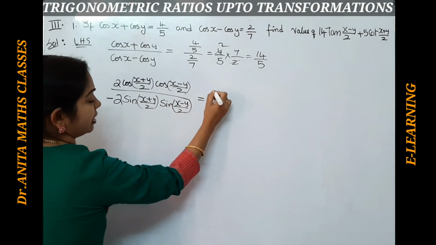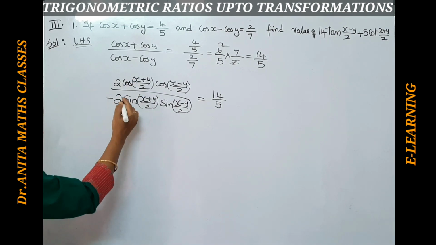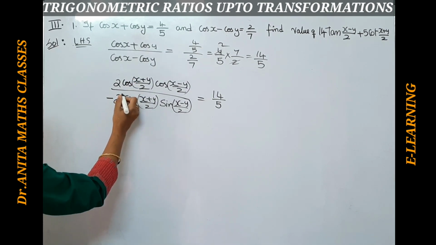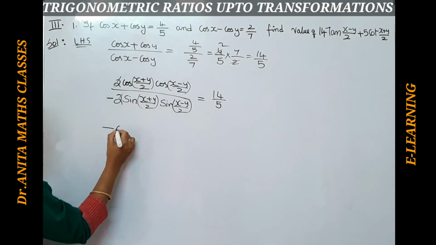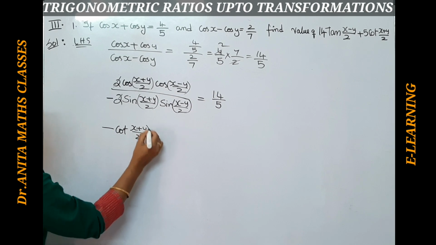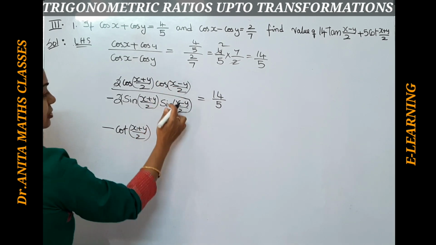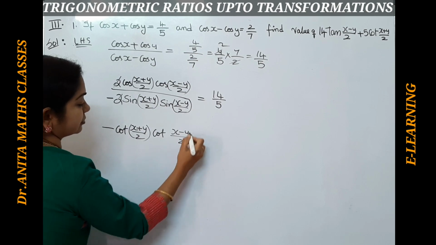So this we got as 14 by 5. Now if you take, the 2 goes off. Now I can write this as minus cot (x plus y)/2, and this is cot (x minus y)/2.